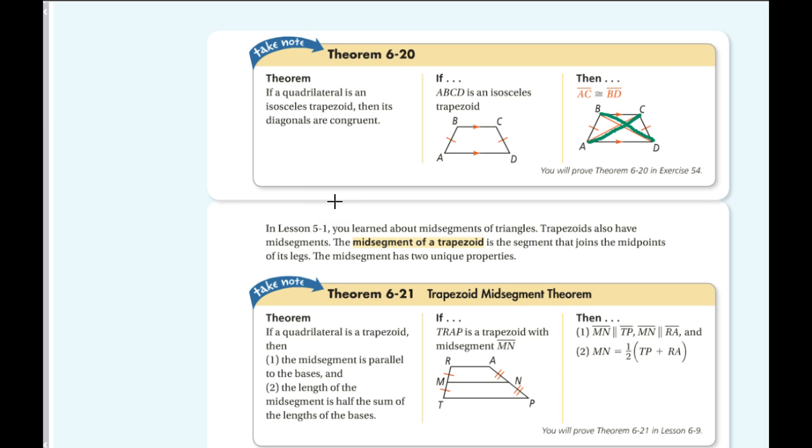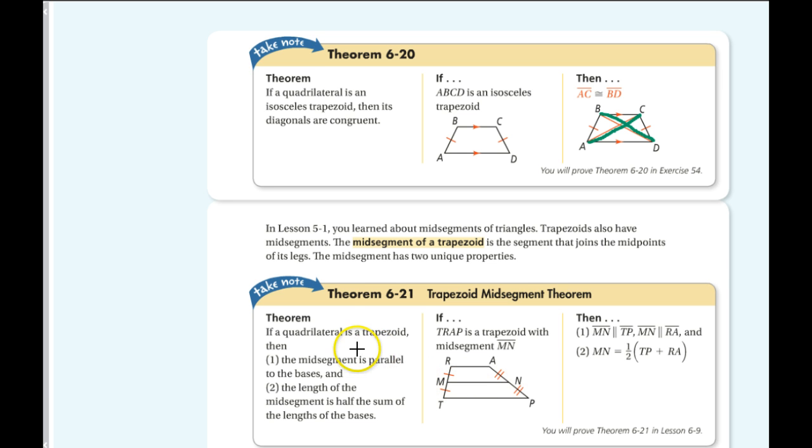We're also going to talk about the mid-segments of the trapezoid. We already know that a mid-segment of a triangle is the line that joins the midpoints of two of the sides. So the mid-segment of a trapezoid is basically going to join the midpoints of the trapezoid's legs.